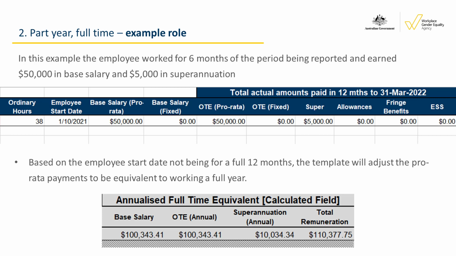This is $100,343 for base salary and $110,377 for total remuneration. To keep it simple in this presentation, I am just referring to the full dollar amounts, but the template does calculate the precise amount in dollars and cents.